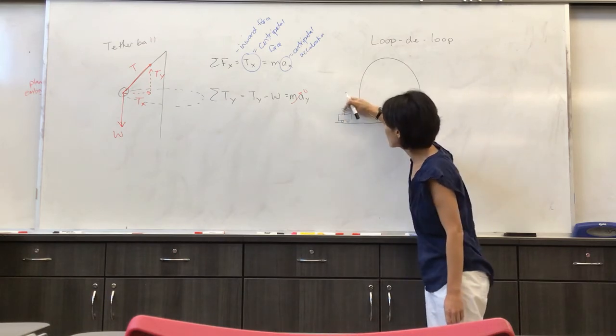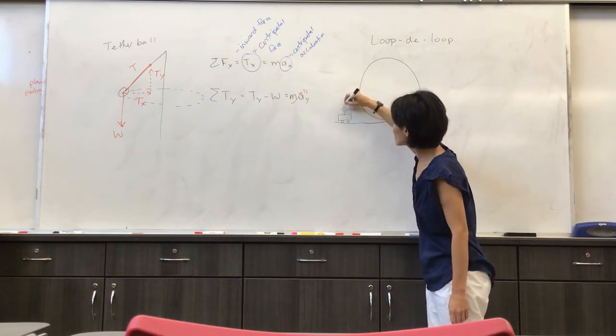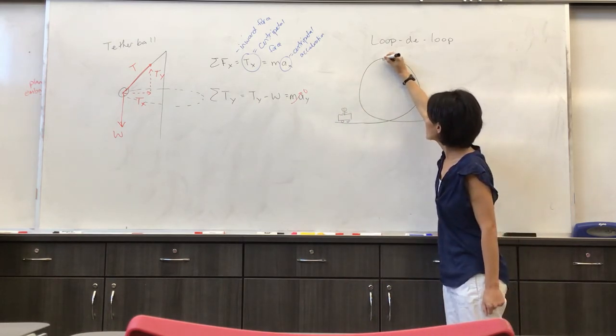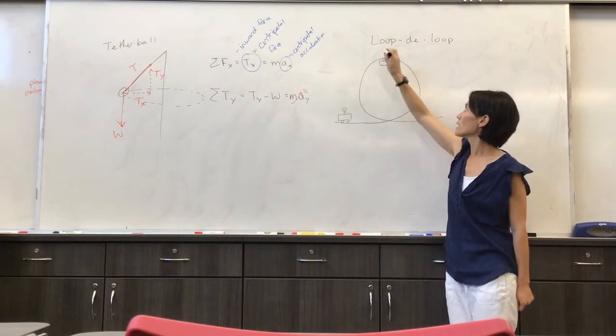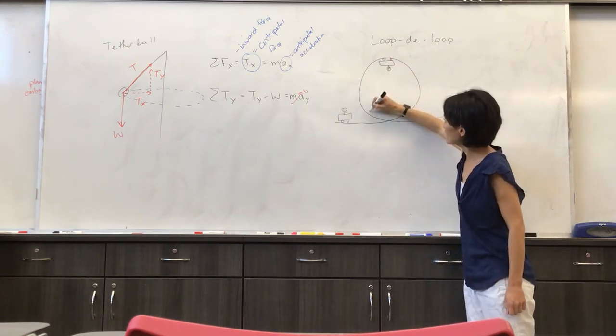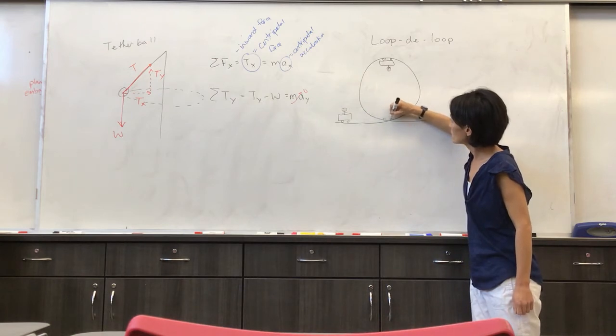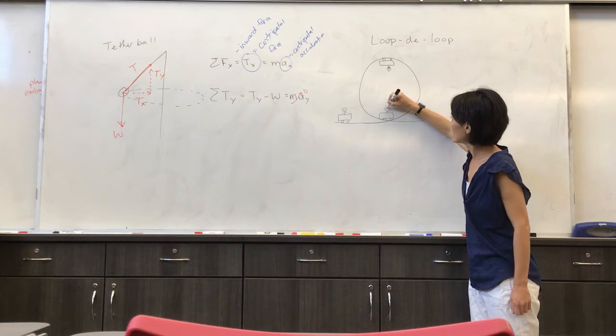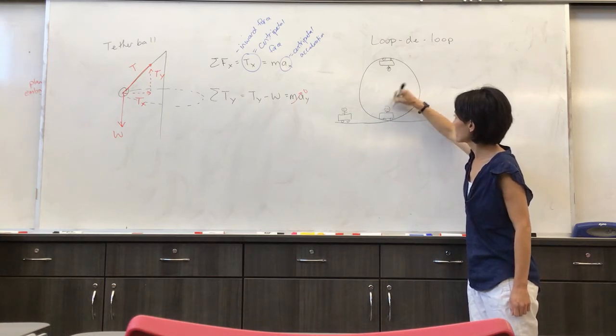Super excited. When you get to here, you're upside down, and we're going this way. And then you come back around. Maybe you're not too happy about that last loop.